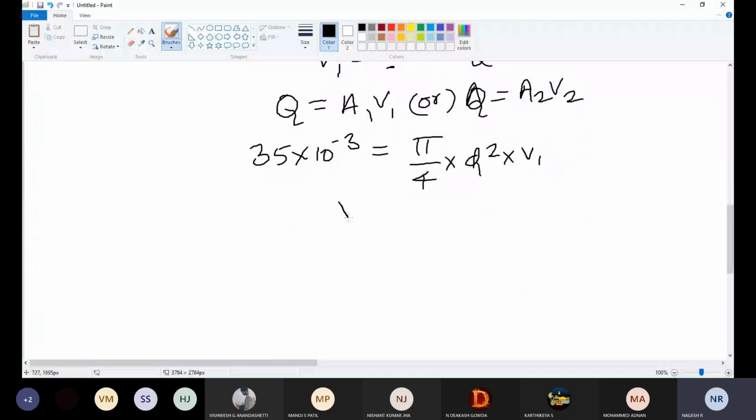So now can you tell me the value of V1? And similarly, tell me the value of V2.